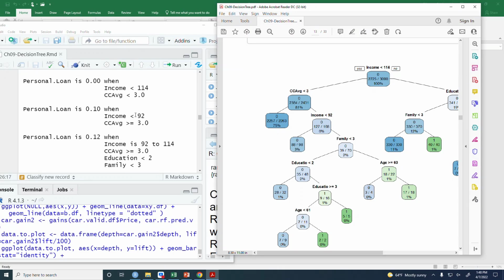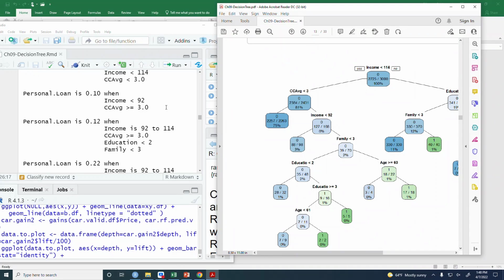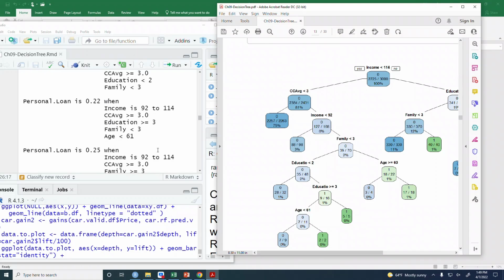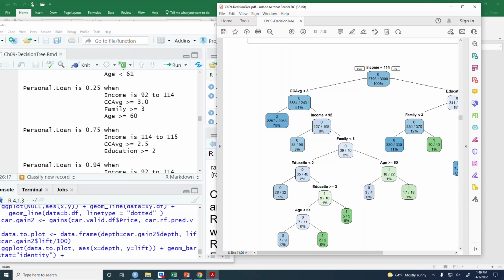Well, no, the income does not satisfy. So look for a rule that satisfies both. Here is one, income and CC average. That's good, but education, it doesn't satisfy. That one is greater than or equal to 3 for education, but our education is 2. Here the income doesn't match.